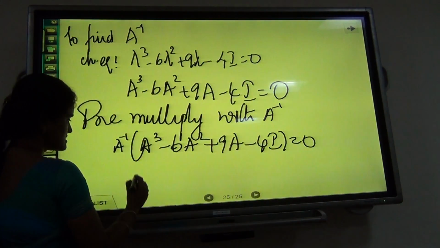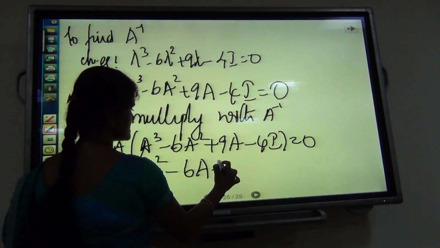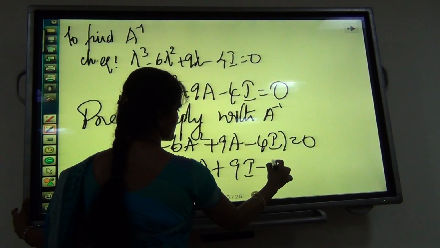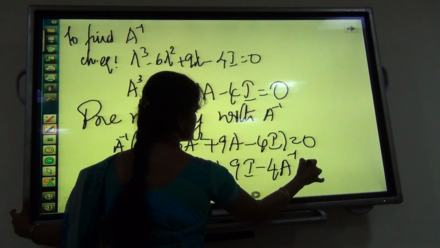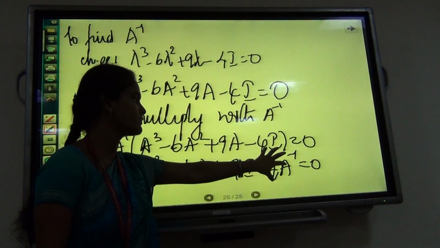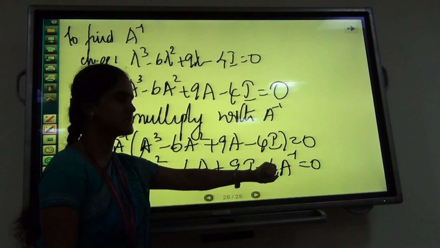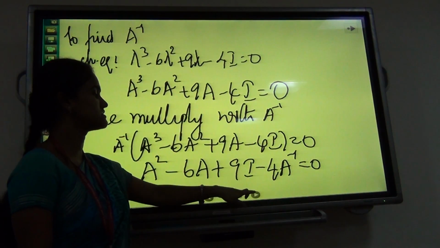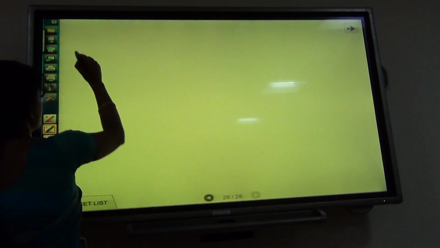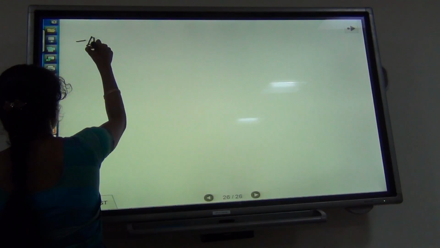Let's see what happens. We get A square minus 6A plus 9I minus 4A inverse is equal to 0. So it is easy to get A inverse. By putting this on the left hand side and taking everything to the right hand side, we get A inverse from the Cayley-Hamilton theorem. This is an application where very easily you can find A inverse from the characteristic equation.